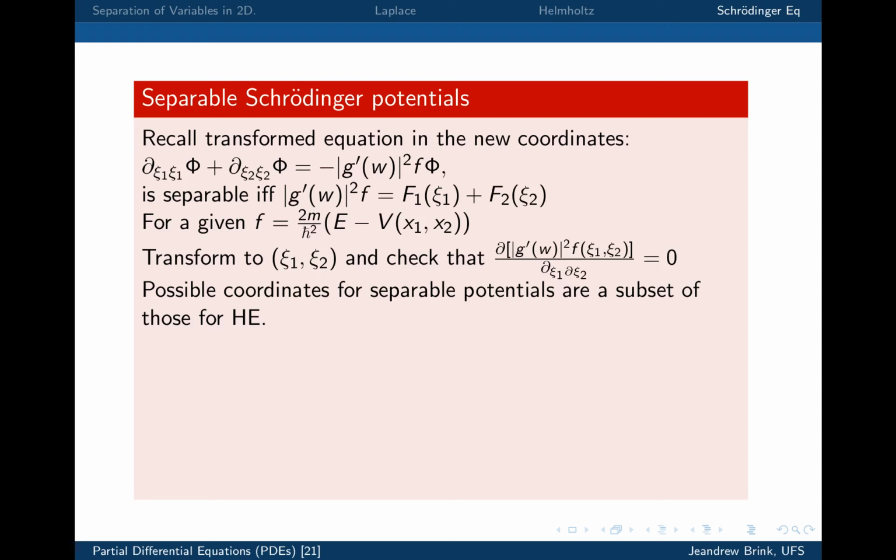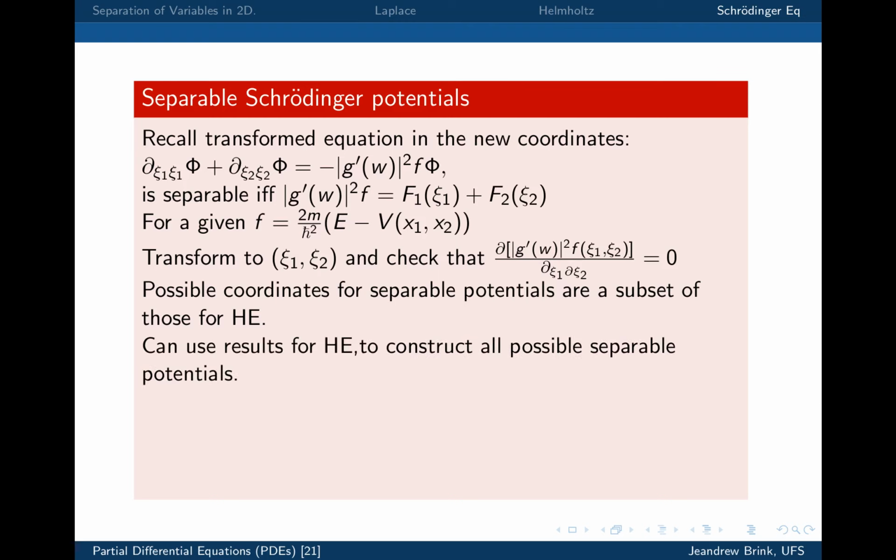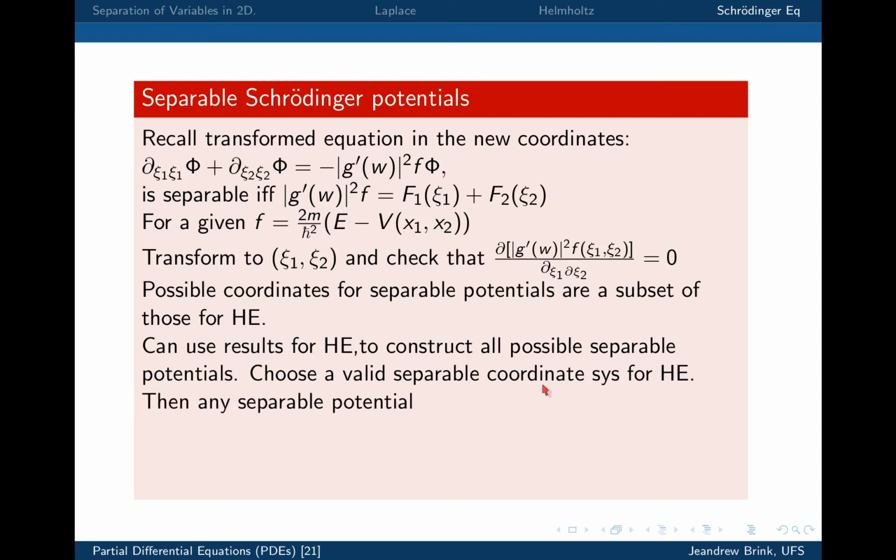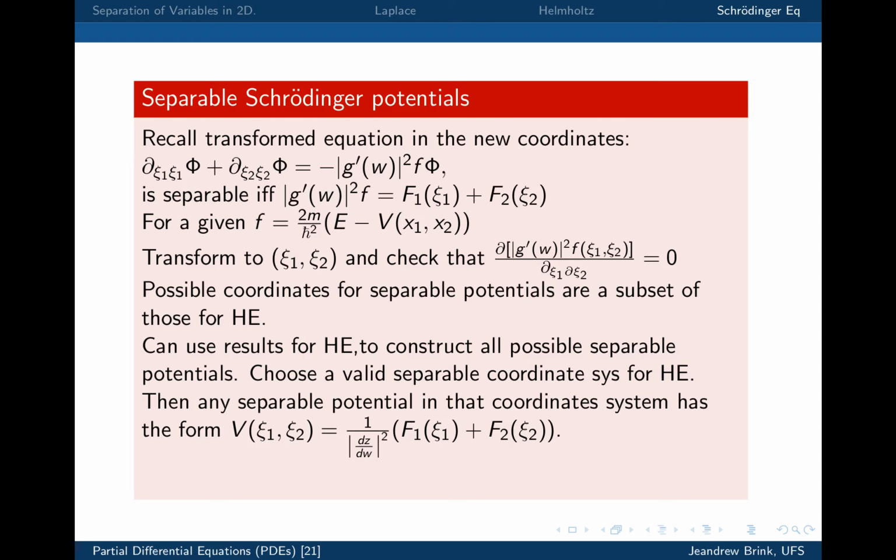If we are in a coordinate system for which Helmholtz is separable, we can use those results to write down the general case in which things are separable. We can construct all the possible separable potentials by choosing a valid coordinate system, either parabolic, polar, or elliptical, for Helmholtz's equation. Then any separable potential in that system of coordinates has this form. It allows you to write down what V of C1 and C2 is.